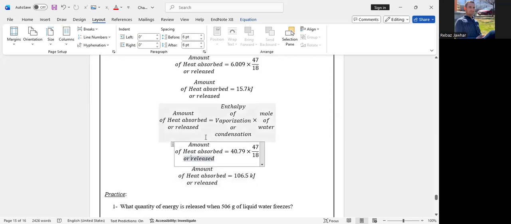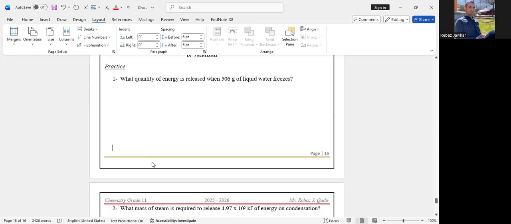But here, because it is boiled, the heat is absorbed, because we know that when water in liquid state changes to vapor, it needs to absorb heat energy. So this amount of energy is 106.5 kilojoules of heat absorbed. This is the sample problem.